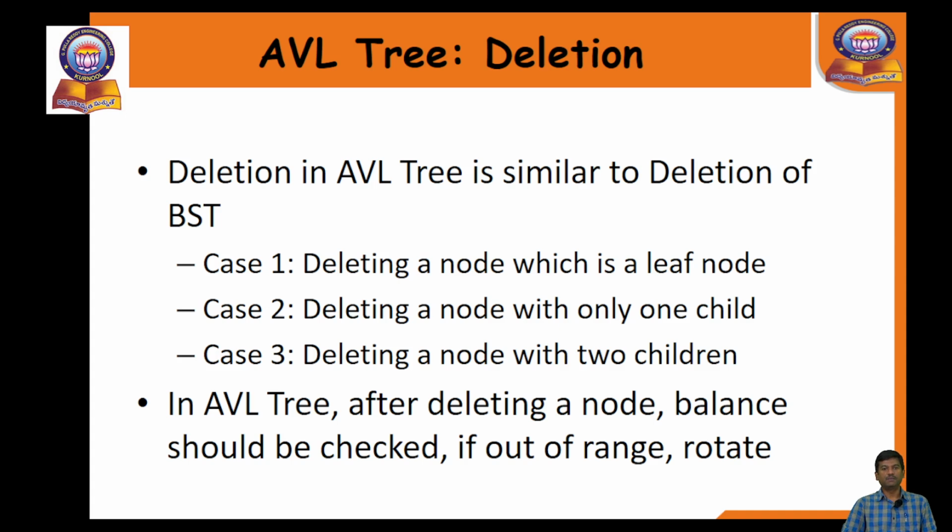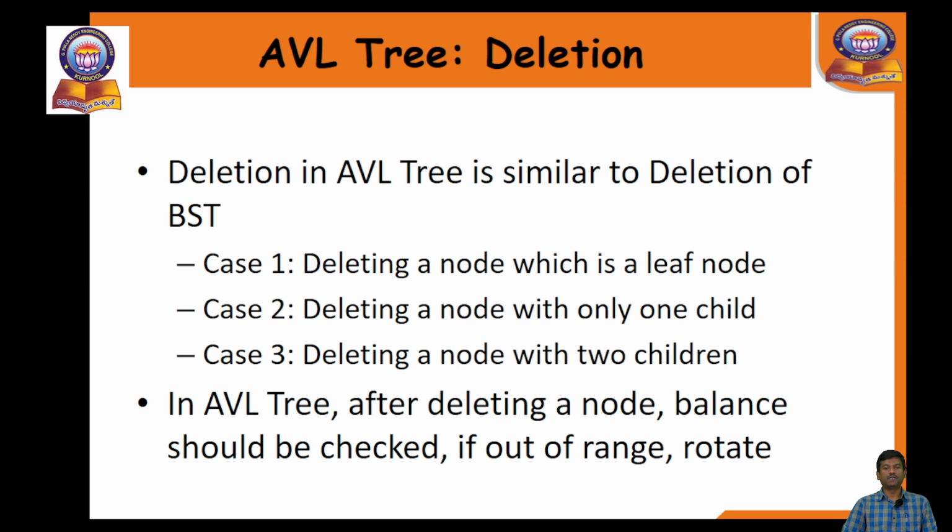Case one, deleting a node which is a leaf node. The second one, whenever you want to delete a node that is an only child, whether it is the left child or the right child. And case three, deleting a node with two children. That is, a particular parent contains two children, and if you want to delete this parent node, that is the case 3 scenario.